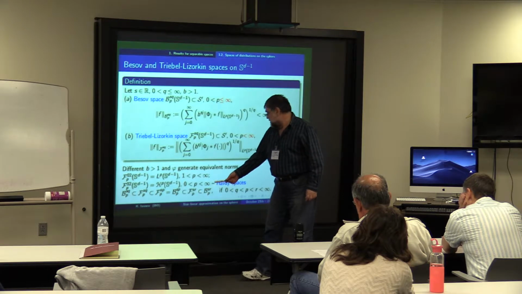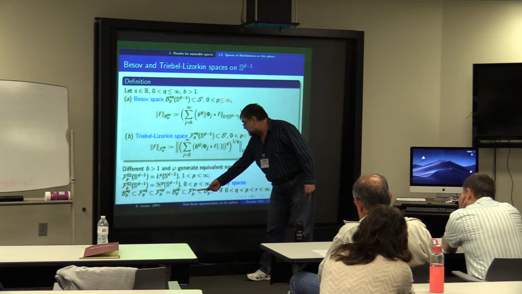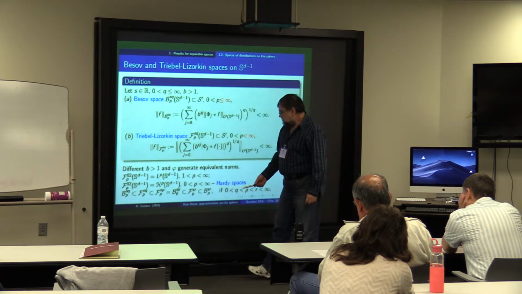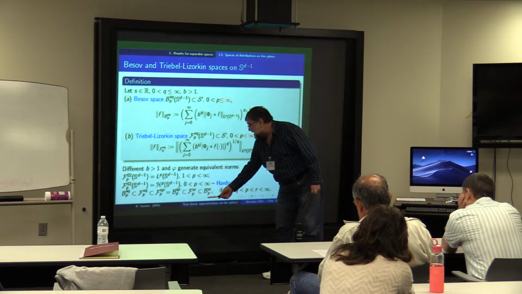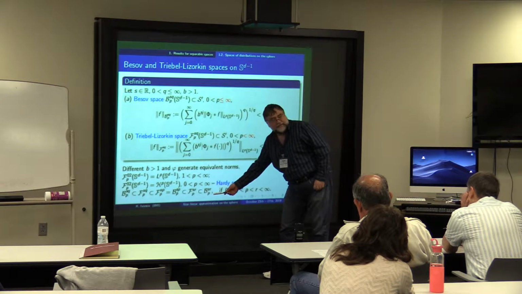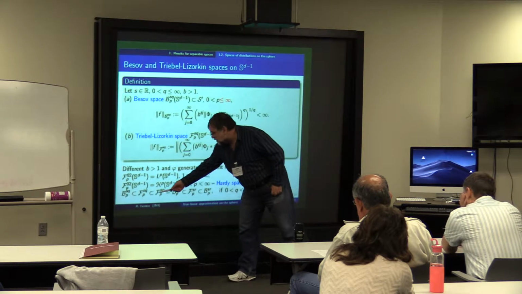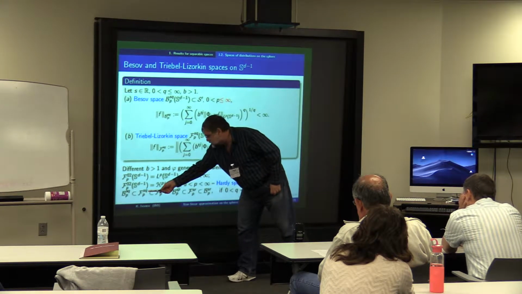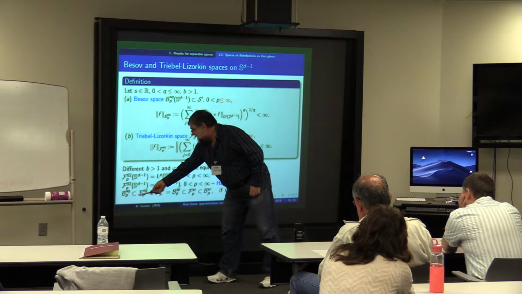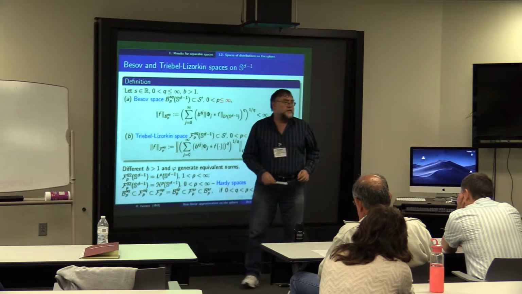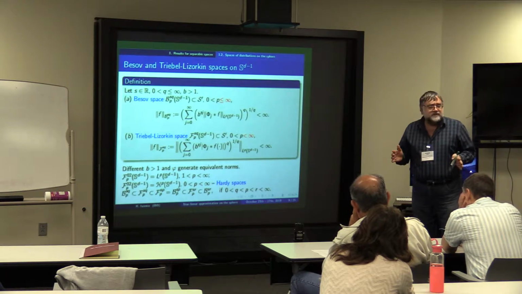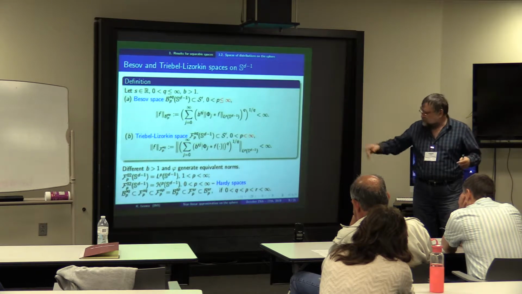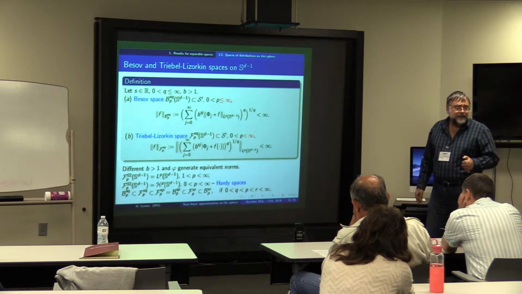After that, when we take r bigger than p, we have that Triebel-Lizorkin spaces are embedded into Besov spaces. When r is going smaller than p, that is q, we have that Besov spaces are embedded in Triebel-Lizorkin spaces. So in a sense, Triebel-Lizorkin spaces are closer to each other than Besov spaces with the same values of parameters.